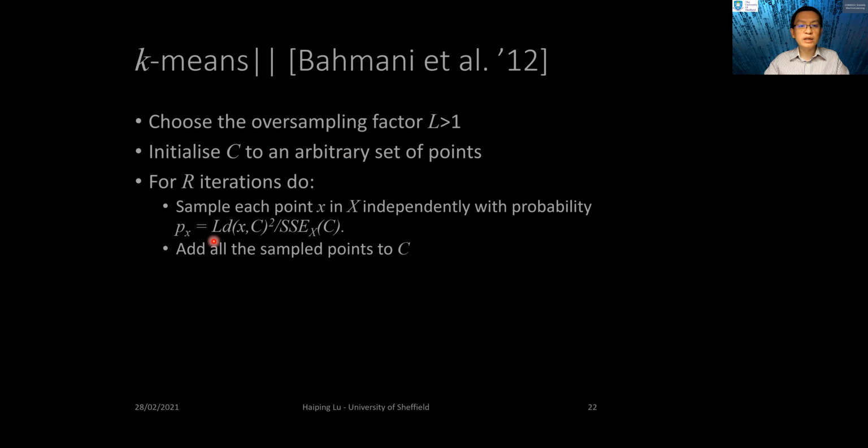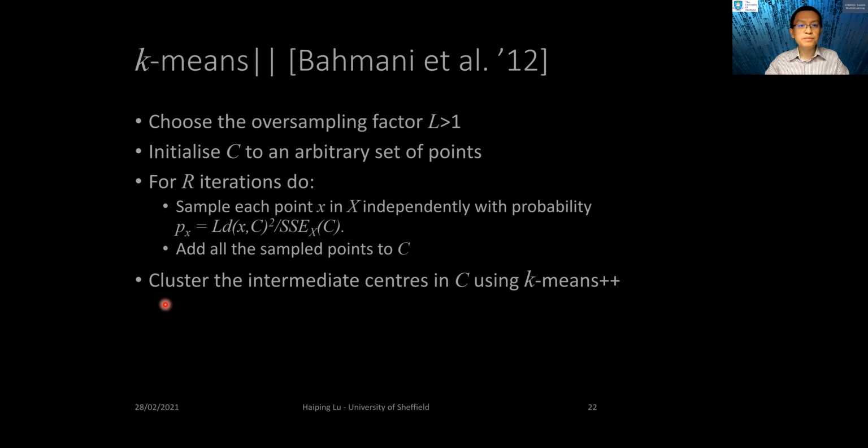with probability still the same as before, but multiplied by a factor of L, which is the oversampling factor. So we sample each of the points according to this probability, and then add all the sampled points to the set of centroids.